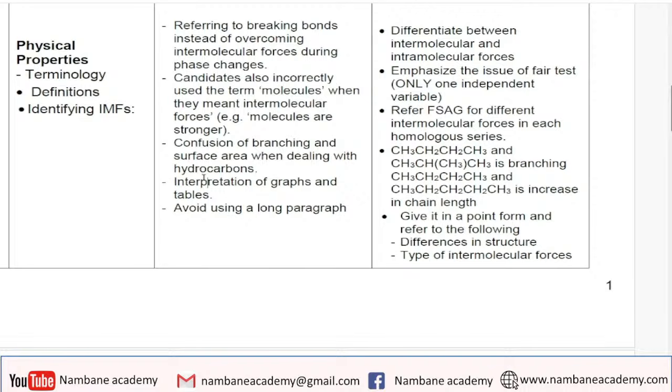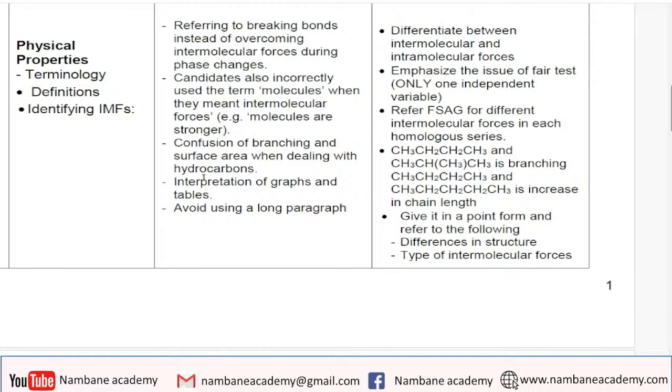So in our response, when you compare one of the physical properties, we must write it in point form: point number 1, point number 2, point number 3. Point number 1, if you compare from the same homologous series, then you must compare the structure. If they differ in chain length, you compare the chain length of the compounds you are referring to.